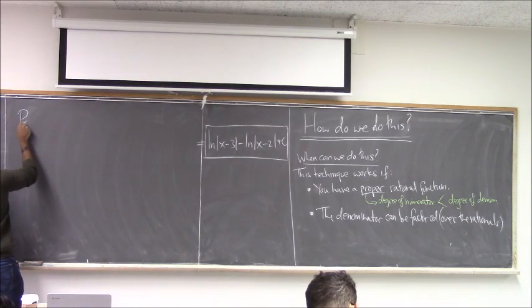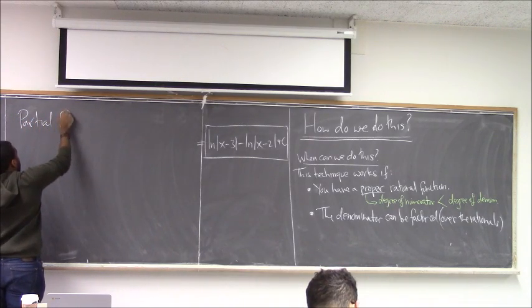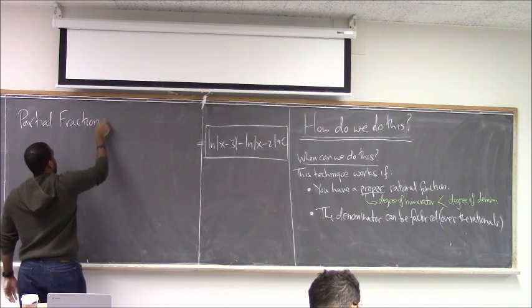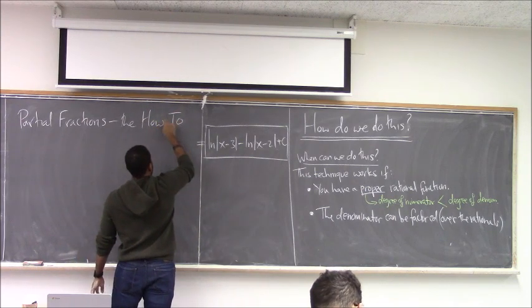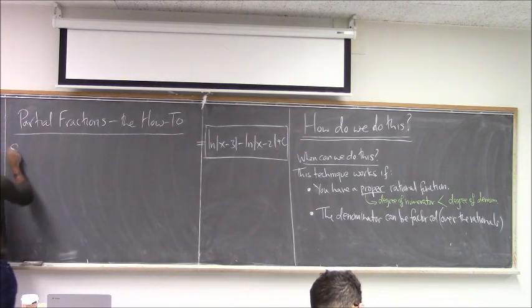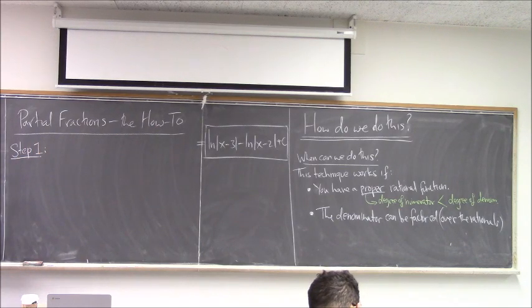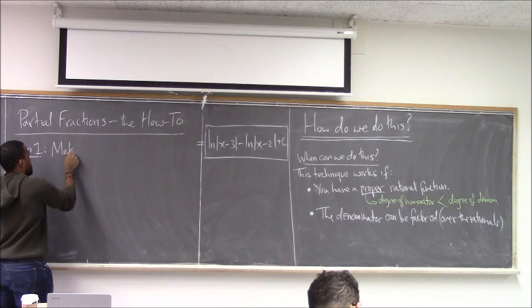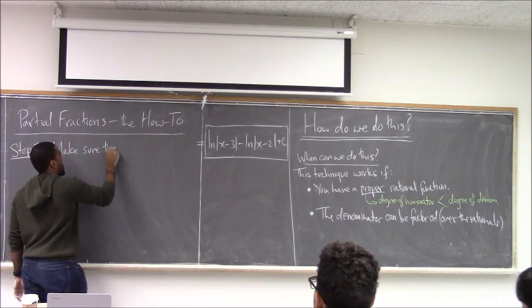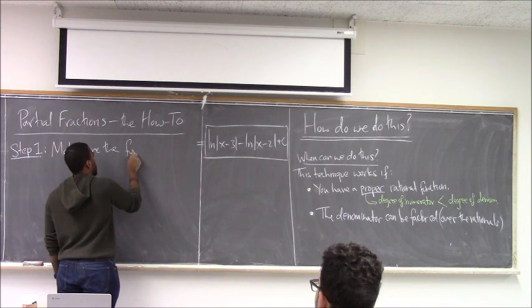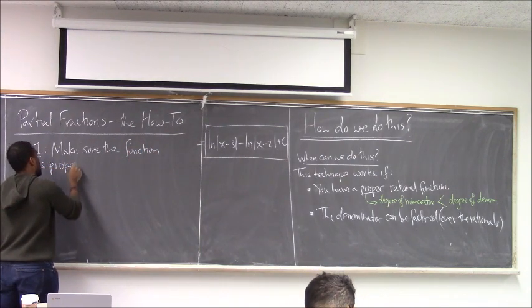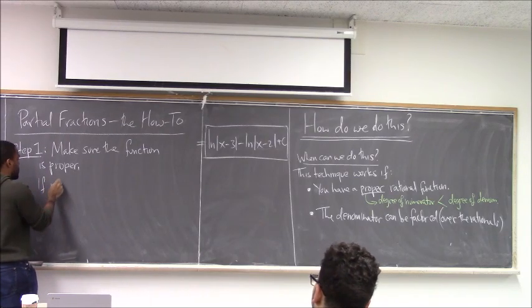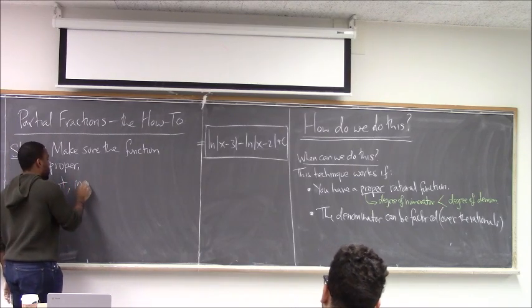Now let's talk about how to do it. Another process that you're going to have to know. So step 1. Make sure the function is proper. If not, make it so.